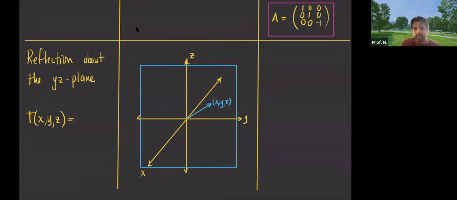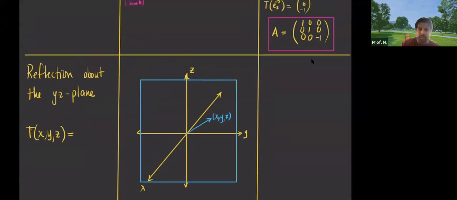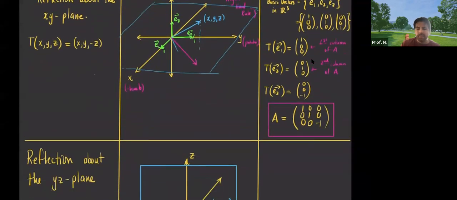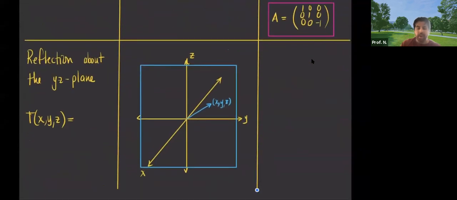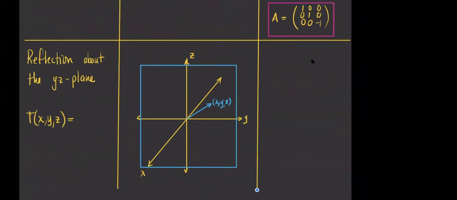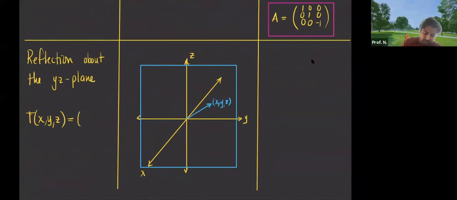What's the only coordinate that's going to be affected if you reflect it across the YZ plane? Can anyone see that? On the XY plane, the only thing that's affected is the Z coordinate. On reflection across the YZ plane, the only thing that's affected is the X coordinate. So instead of X, Y, Z, it's going to be negative X, Y, Z.